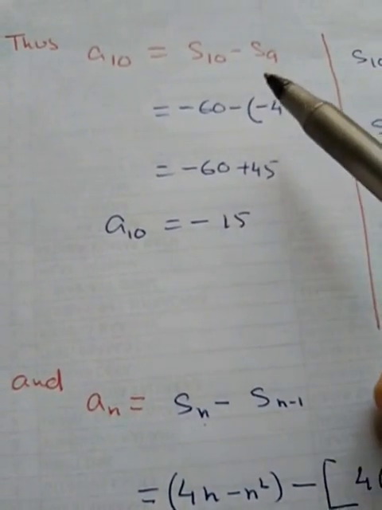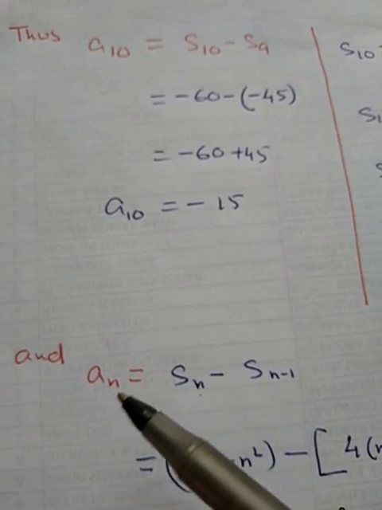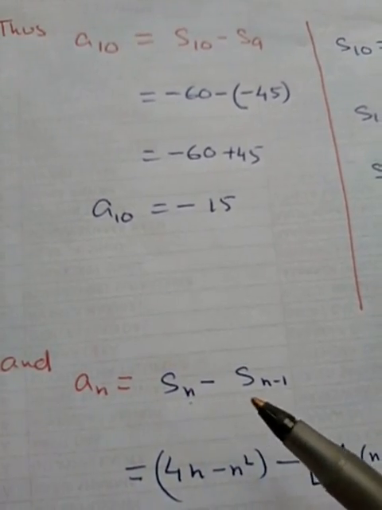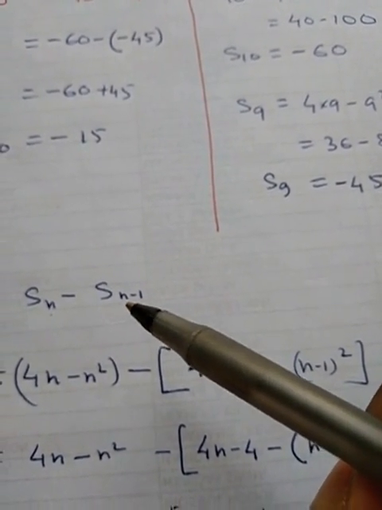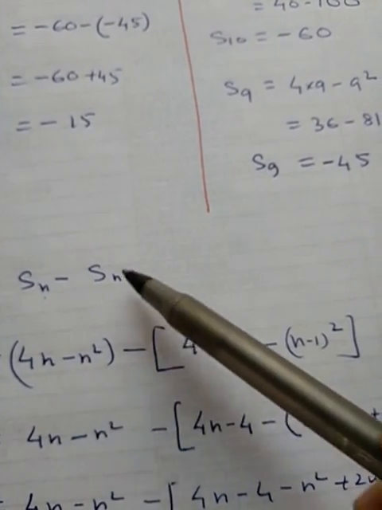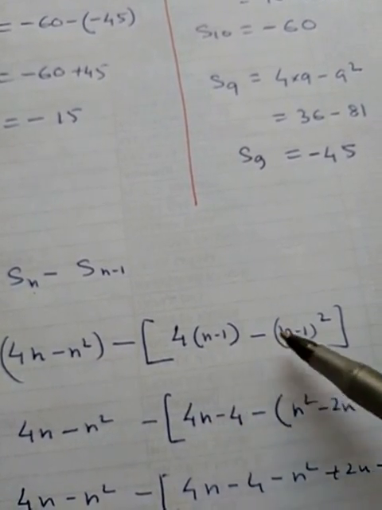So this relation we have written here as the general formula, An equals Sn minus Sn minus 1. Now Sn is given in the question, 4n minus n square, minus Sn minus 1. It means in place of n we have to write n minus 1. So 4 into n minus 1 minus n minus 1 whole square, that I have written here.